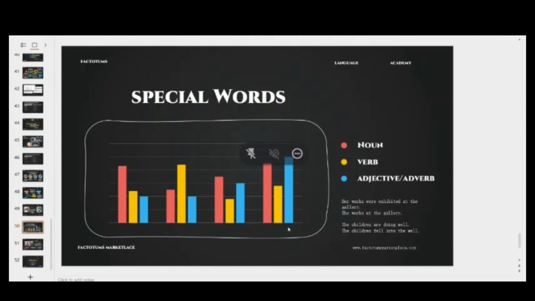The well is in the ground, sometimes they make a hole and water falls in there. That's a well, so it's a noun. In "the children are doing well", it's describing the children. Very good.